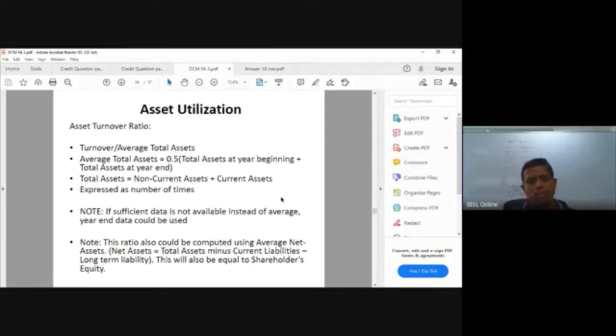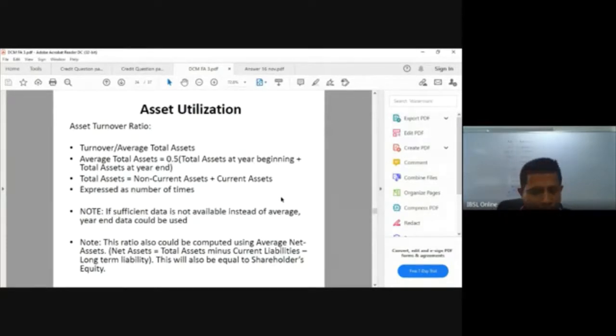That's why we take the average figure for the balance sheet item. In this ratio, we see, using our assets, how many number of times we can generate the turnover, right? Higher the number of times, better it is.